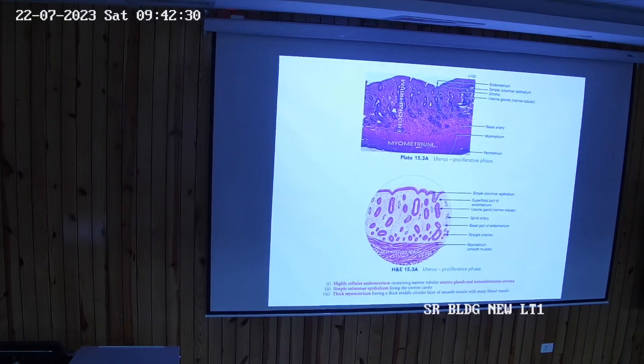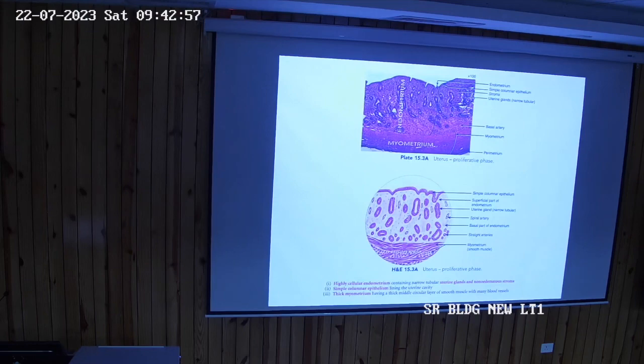When you read the uterus in gross anatomy, you will find the fundus, body, and cervix. All these are the different parts of the uterus. All right, I will talk about the histology part. The mucosal part, or the endometrium, of the uterus is divided into two parts.